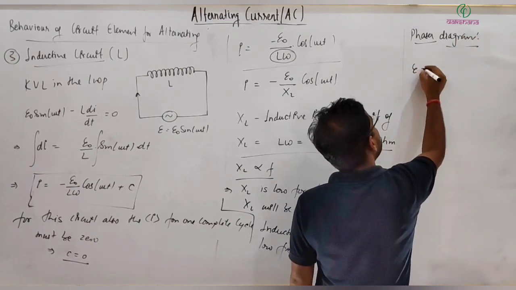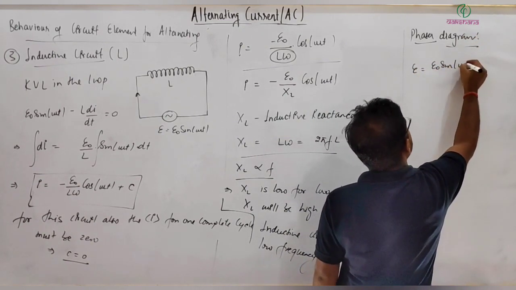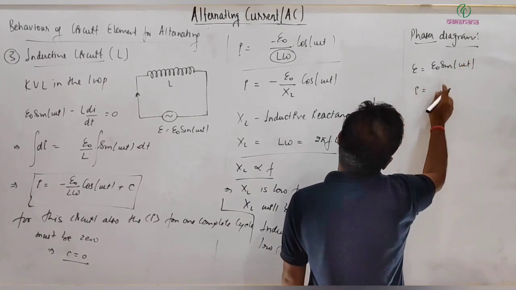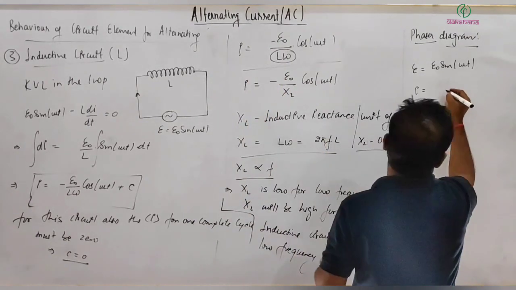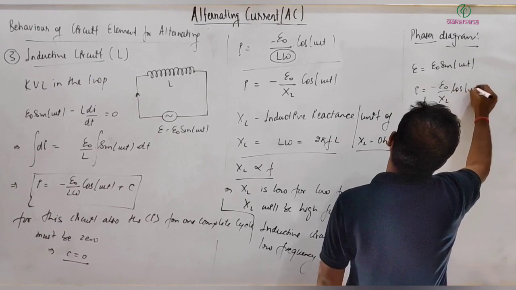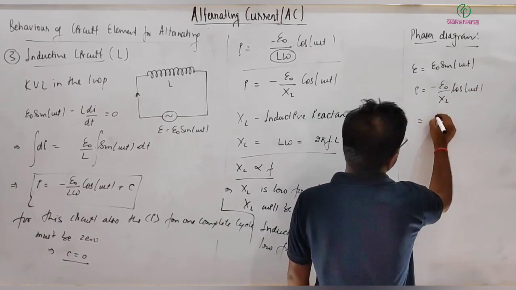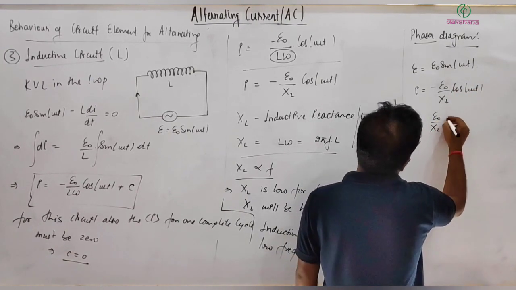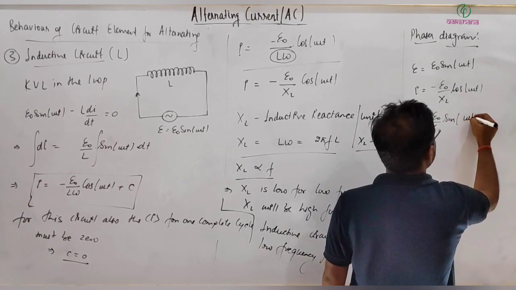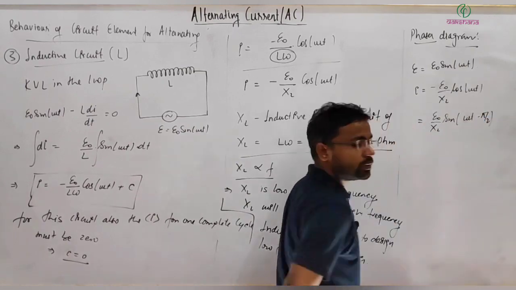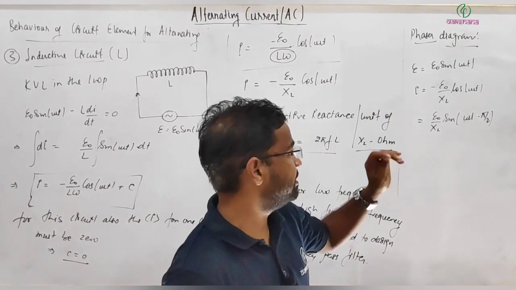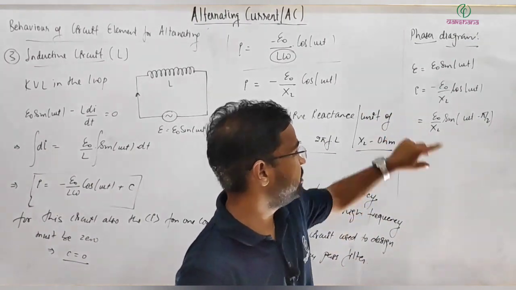So we got E equal to E naught sine of omega t, and I is equal to minus E naught by XL into cos of omega t. This can be expressed as E naught by XL into sine of omega t minus pi by 2, right? Because sine of pi by 2 minus omega t will be cos, so minus will be minus there.